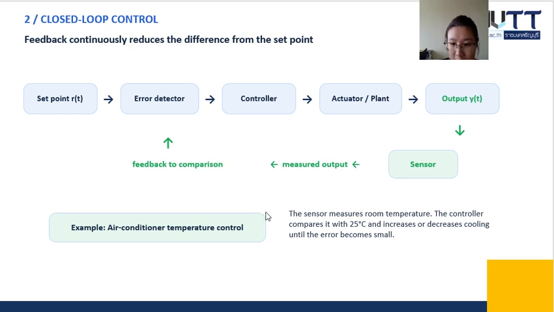For example, if an air conditioner is set to 25 degrees Celsius, it increases cooling when the room is warmer and reduces cooling as the temperature approaches the set point.